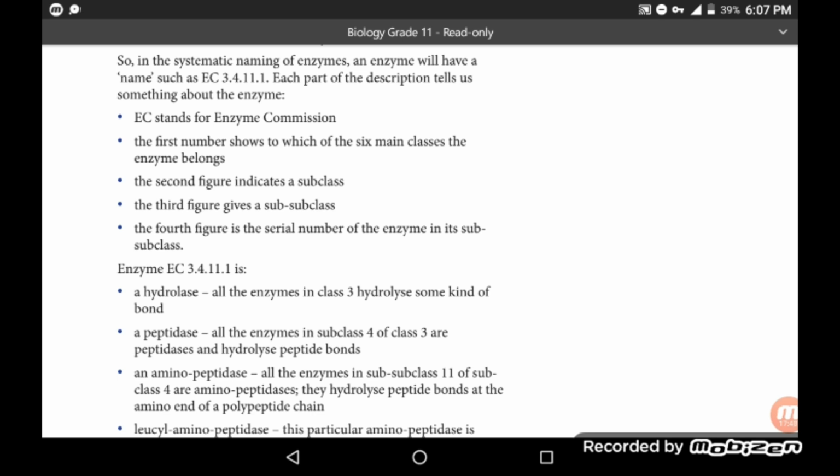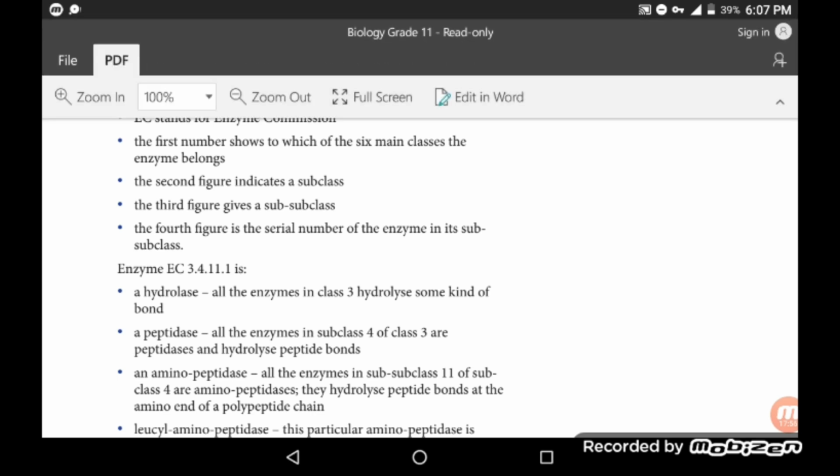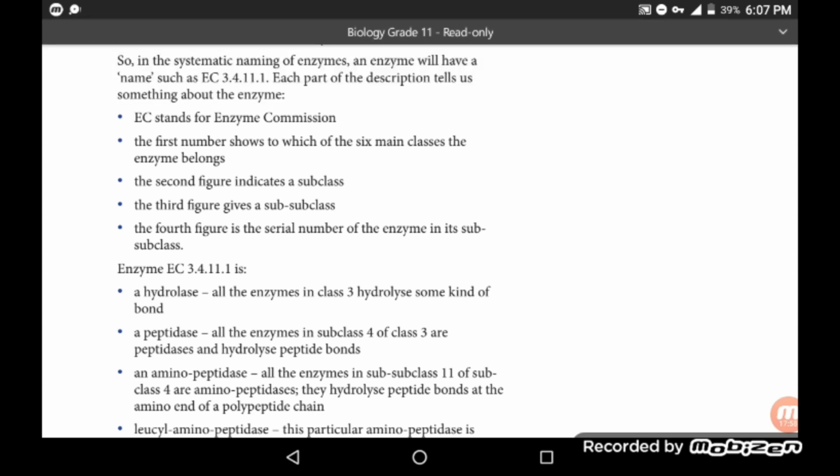And the third figure gives a sub-subclass, here 11.